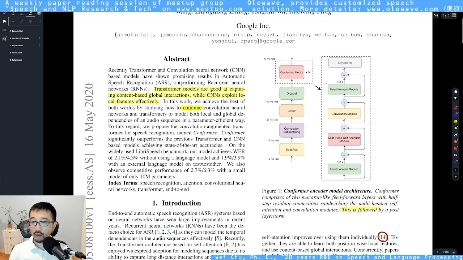And you can see on the right side the conformer encoder model architecture. But you can see that they are still working under the transformer architecture.